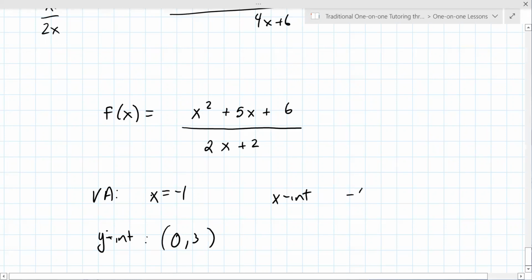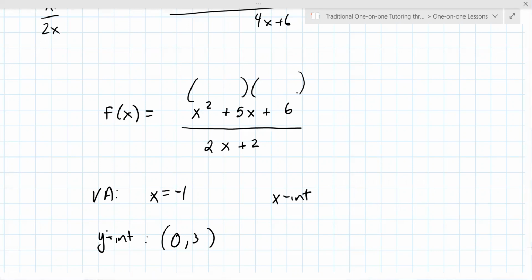Yes. -6, 0, and -1. No. You did not factor this correctly. Sorry. Let's try factoring that one more time. 2 numbers that multiply to 6 but add up to 5. I said +6 and -1. Is that not right?